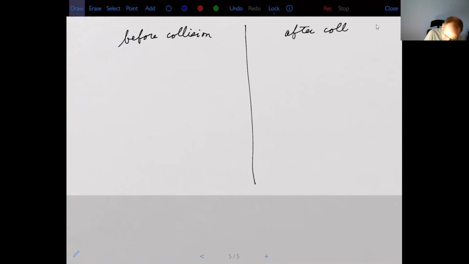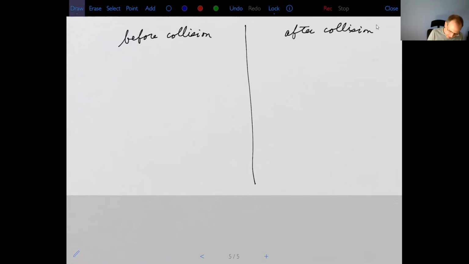Okay, so let me first draw what happens before the collision, and then later I'll draw what happens after the collision, meaning right before the collision and right after the collision.